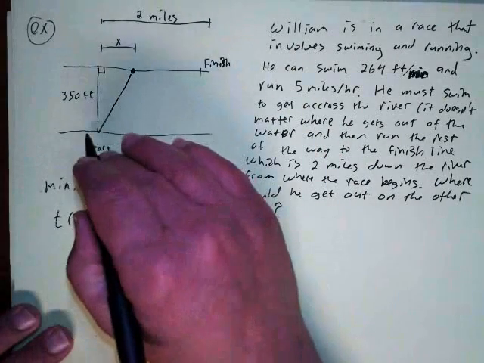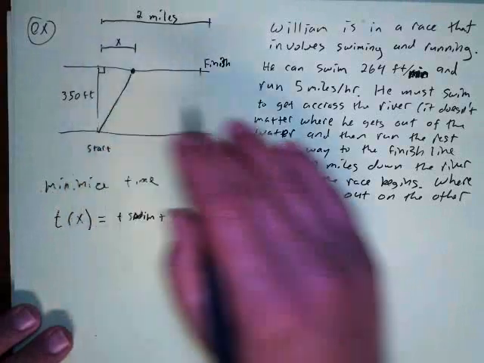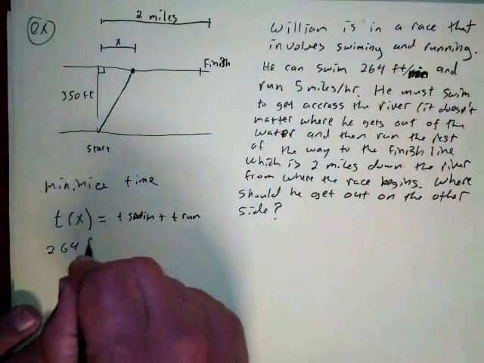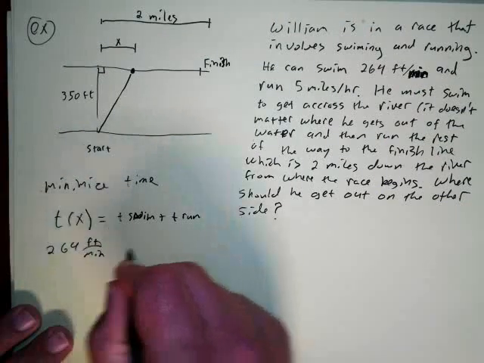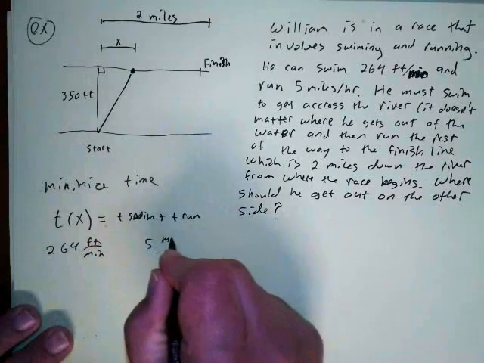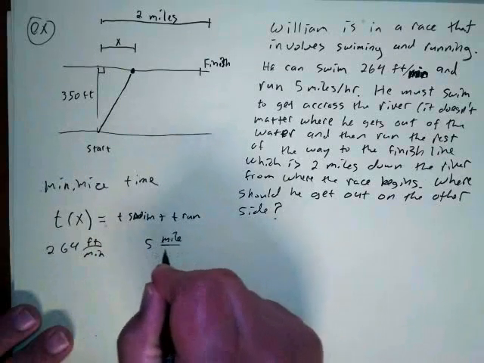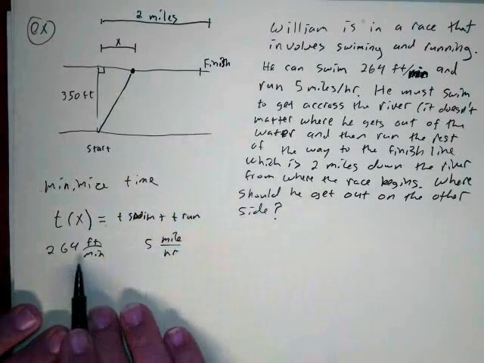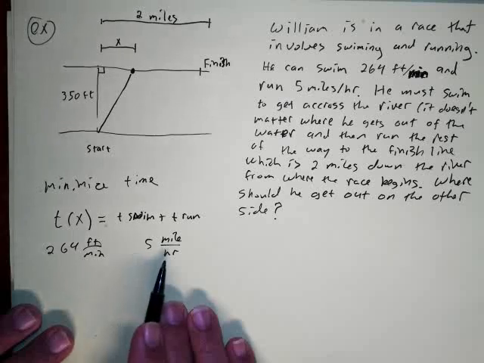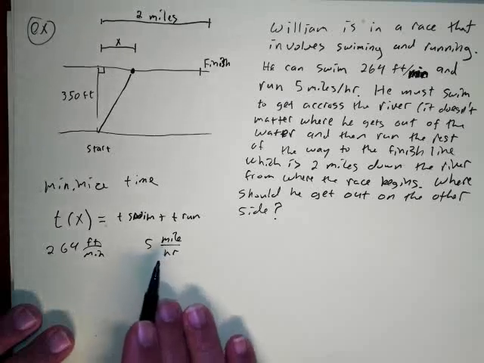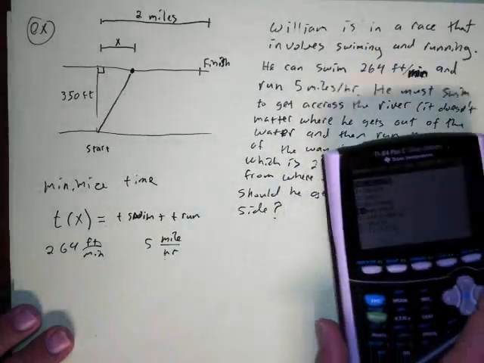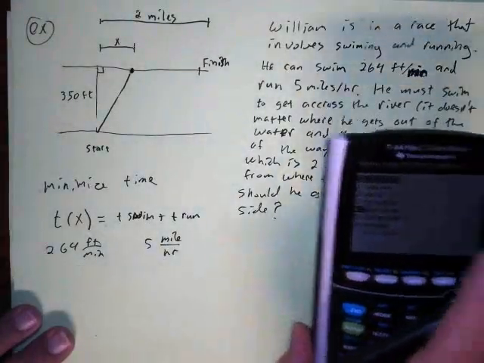Now I have this in feet. The swim is 264 feet per minute, and he can go 5 miles per hour. And so I either want to convert this to miles per hour or this to feet per minute. And I'm going to change everything to feet per minute, okay?